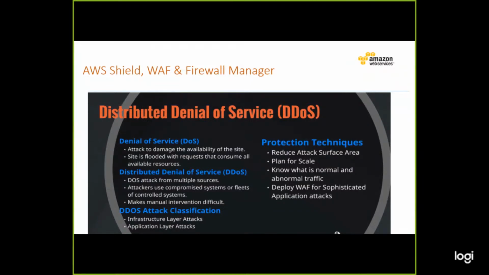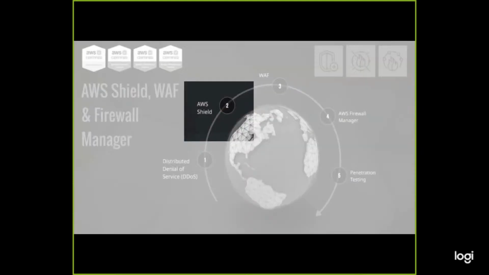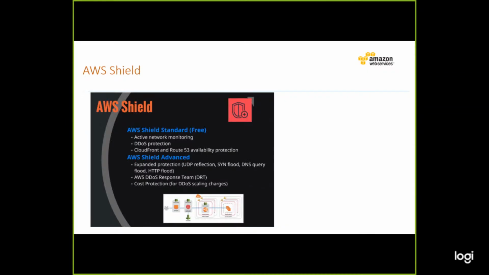You can deploy AWS for sophisticated application attack, and we will mention this next. So the second thing, AWS Shield, which allows you to have additional protection, is active network monitoring that protects you against DDoS attacks, and can be set on CloudFront and also on Route 53. Additional feature protection is for free.